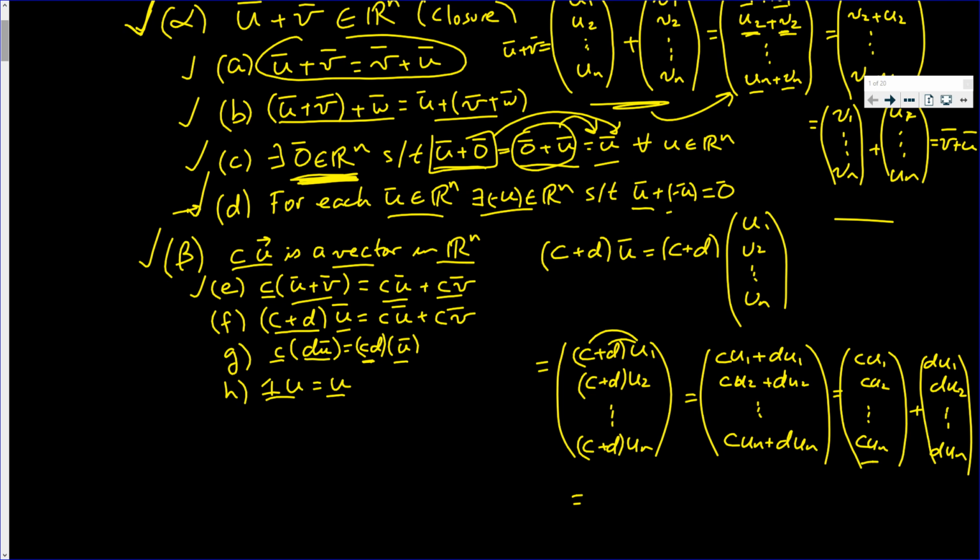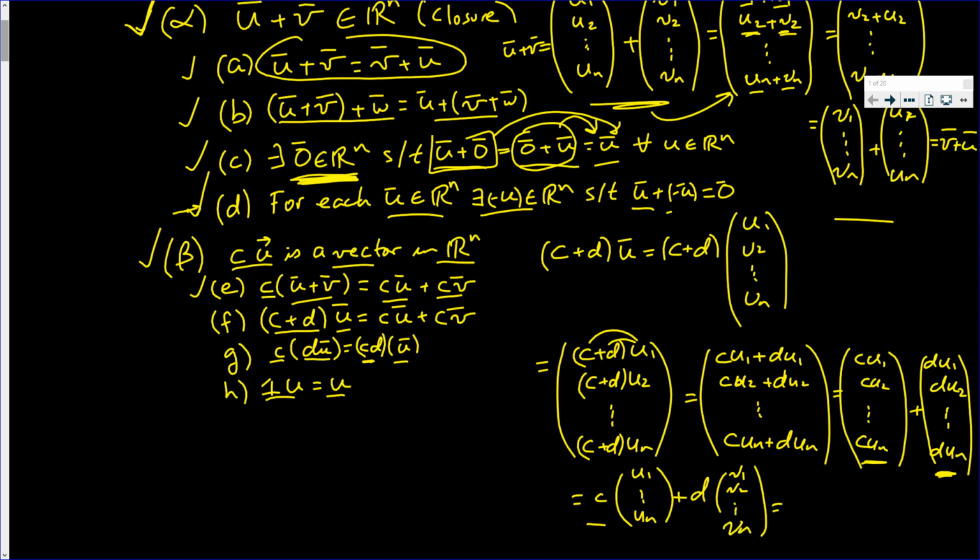equals. From here I can factor out a C. I get C times U1 down to UN. Here I can factor out the D, and I get D times V1, V2, all the way down to Vn.